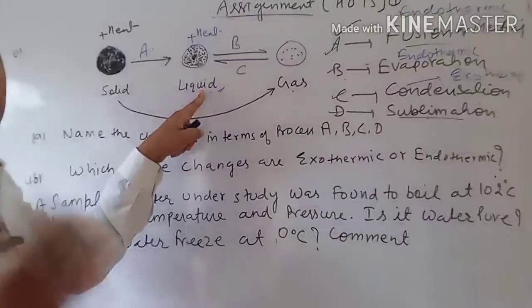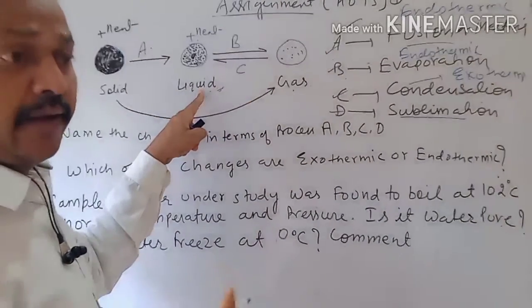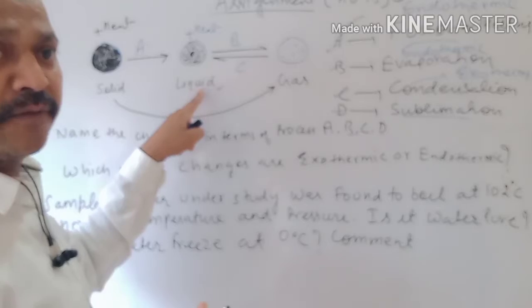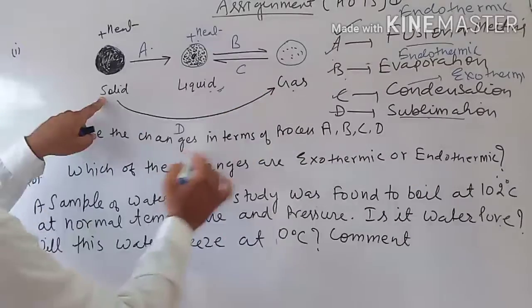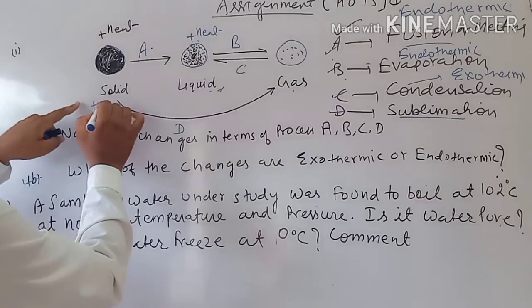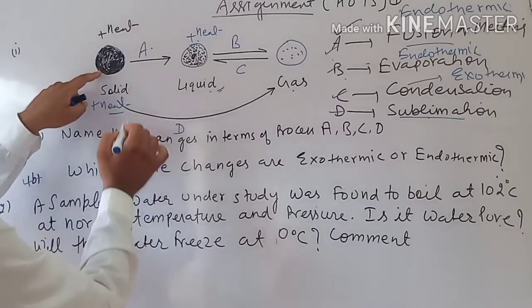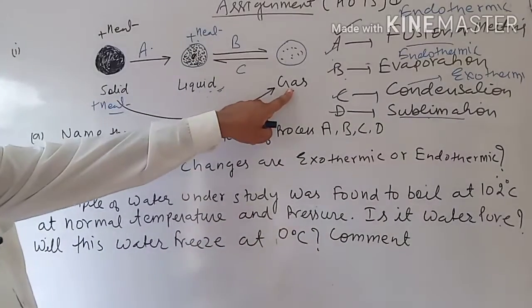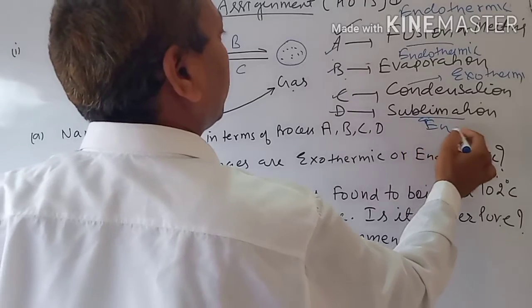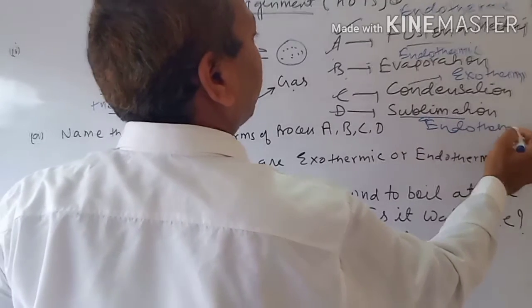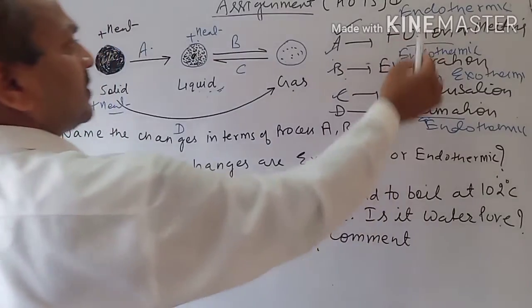When any gas converts into liquid, heat is evolved. Now solid converts into gas: heat is absorbed by the solid and it converts directly into gas without changes, and this process is also endothermic. So in this way, the first answer is complete.